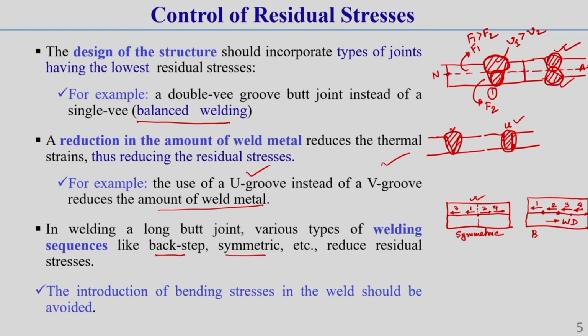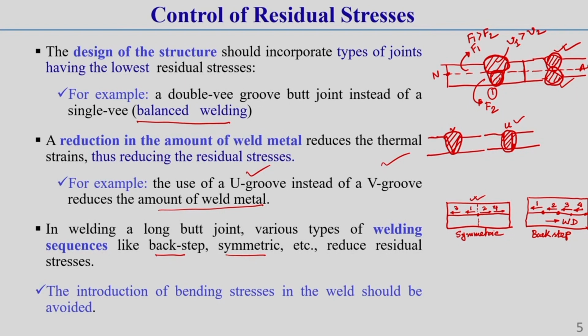Back step welding. So, these are the welding sequences. Once we follow them, we can control the residual stress significantly. Now, another thing you should keep in mind. We should always avoid any type of bending stress in a welded structure.